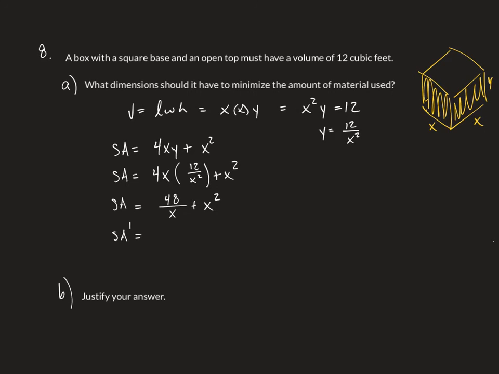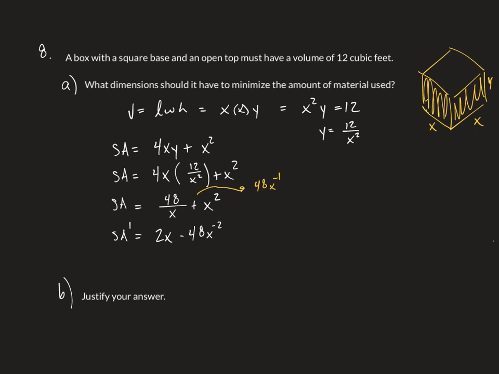So I'll go ahead and use the power rule here, and a good way to think about 48 over x in this case would be to write it as 48x to the negative 1, otherwise you're using a quotient rule, so let's just try to be efficient if we can. And I'm going to move the x squared term to the front, so we have 2x comes from the derivative of x squared, and then the derivative of 48x to the negative 1 is going to be negative 48x to the negative 2.